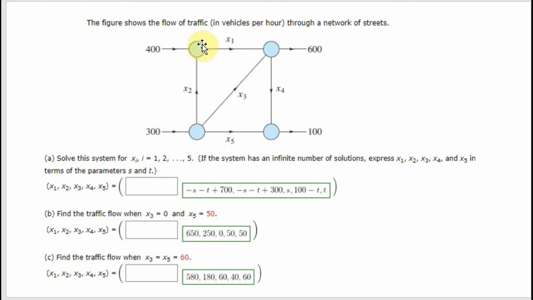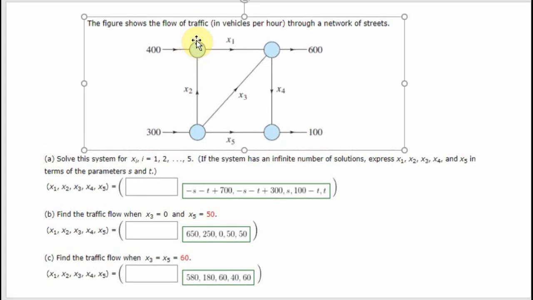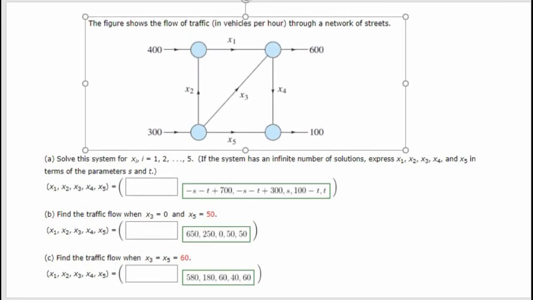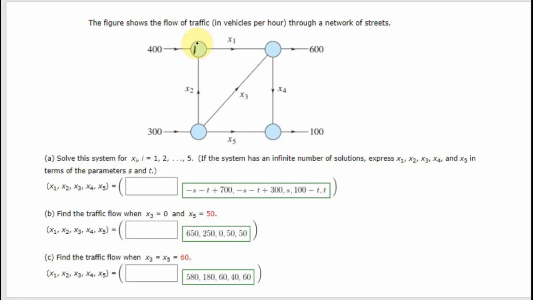So here we have these nodes. If we consider this is A, B, C, and D, it doesn't matter.